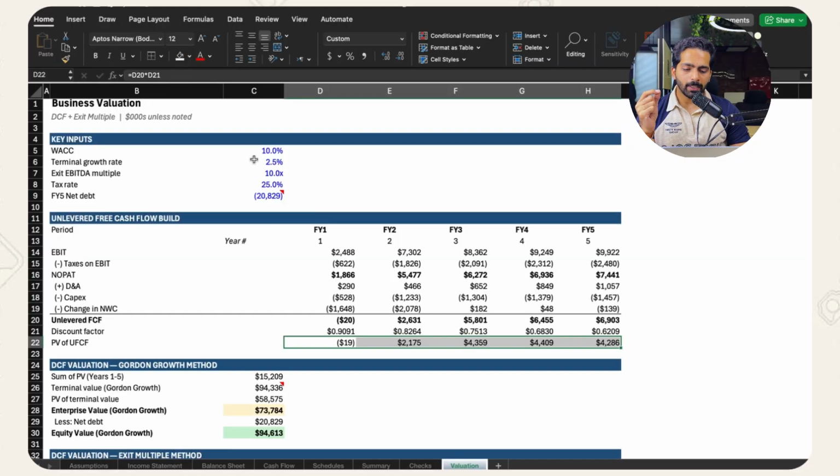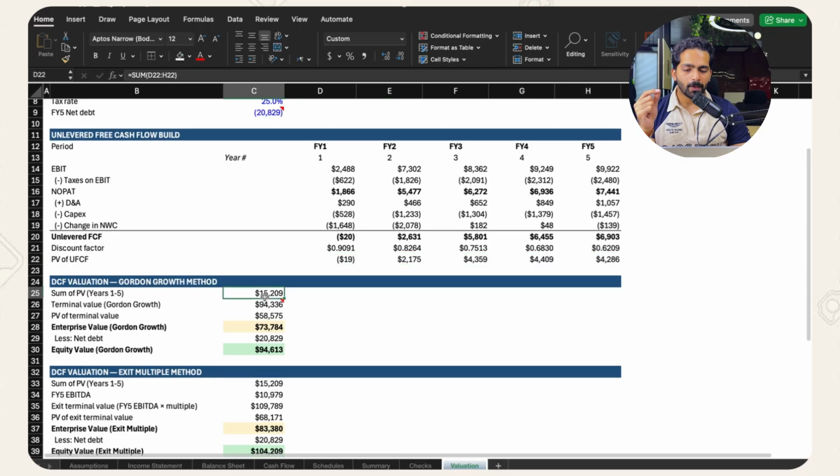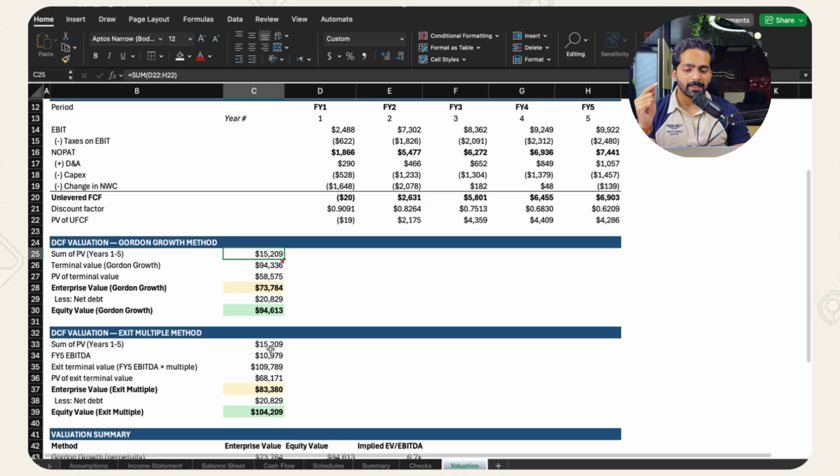So we are finding the value of future money in present terms to calculate what your business is worth right now. If we take the sum of all the present values, this is called the sum of present value, which is this. Both the Gordon growth method and the exit multiple method calculate it in a similar way. So we got the sum of present value right up here.